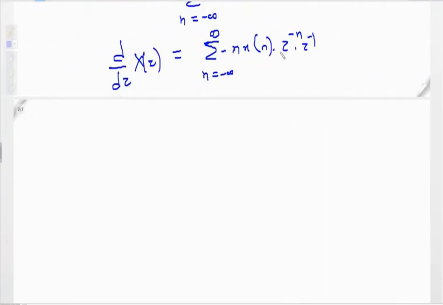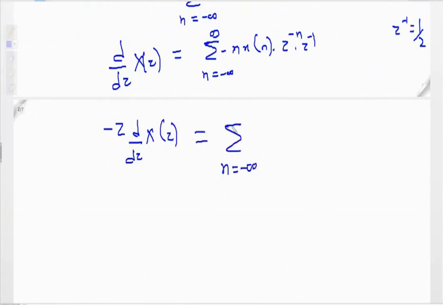So now I will transfer the minus sign, and z inverse is nothing but 1 by z. So I will transfer this 1 by z and this minus sign to that side. So that becomes minus z d by dz x of z. On this side I have summation n equal to minus infinity to infinity n x of n z raised to minus n.